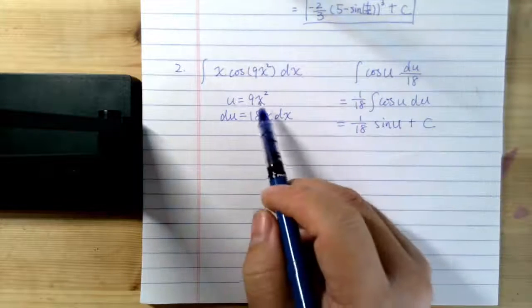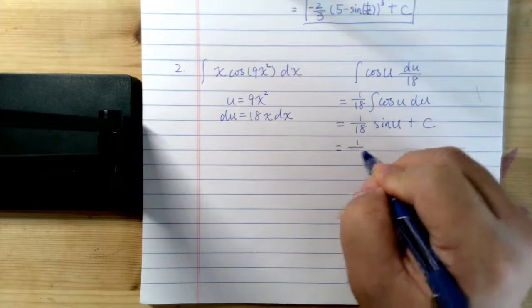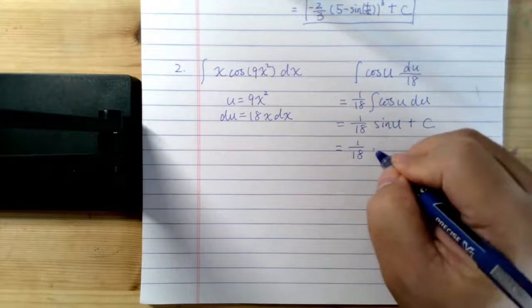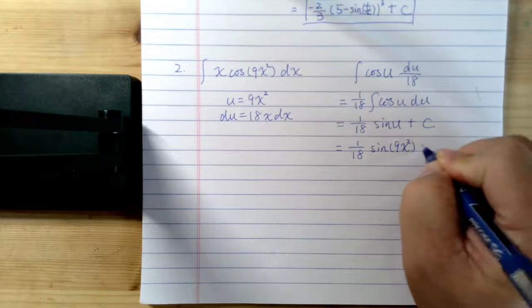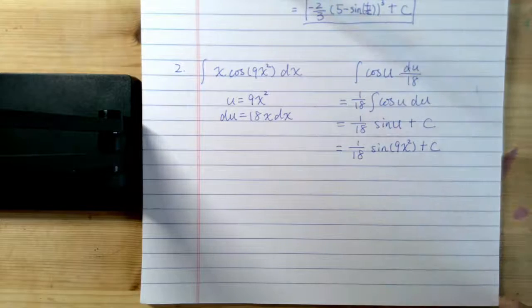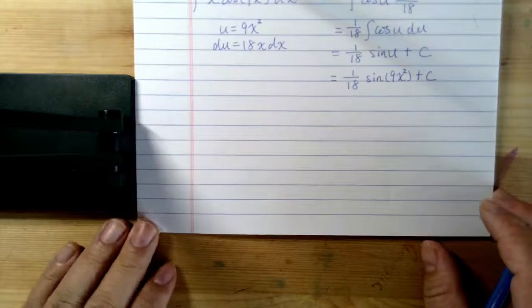Of course, substitute this u back with 9x squared. That gives us 1 over 18 sine of 9x squared plus constant c. So that's the second example, also very straightforward.